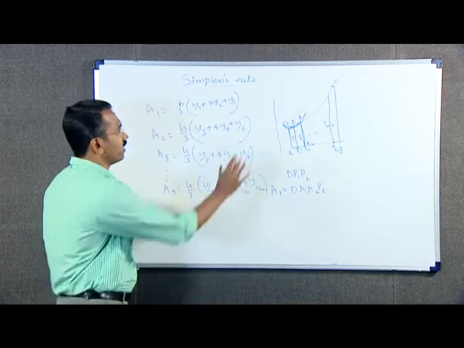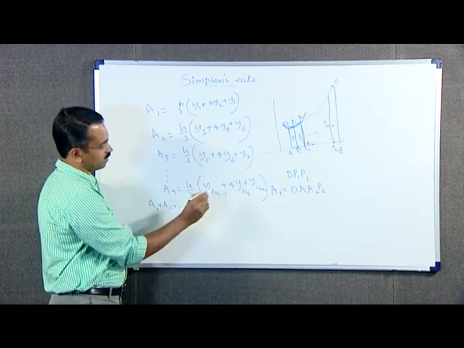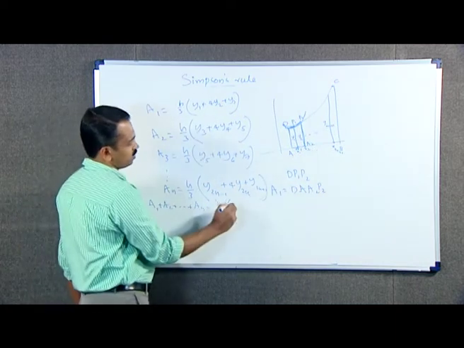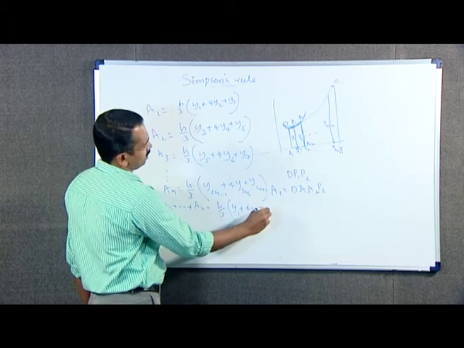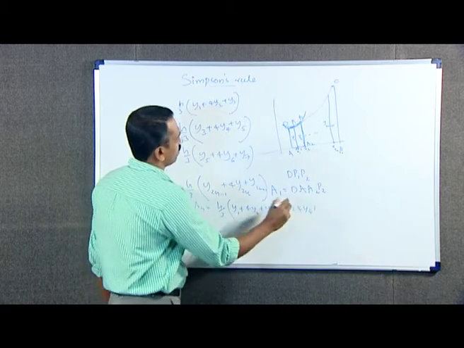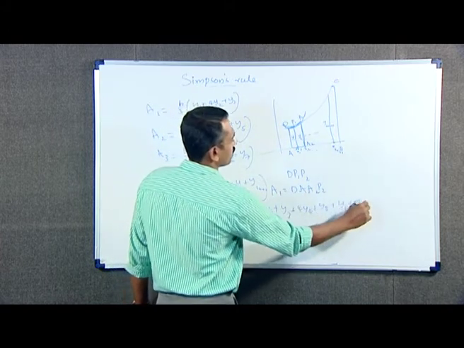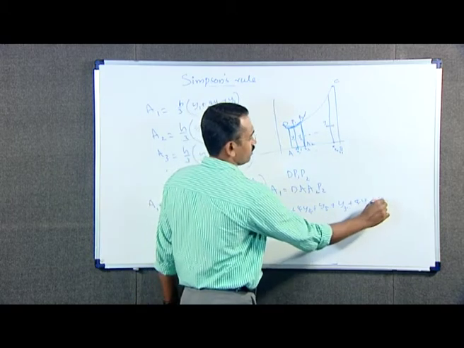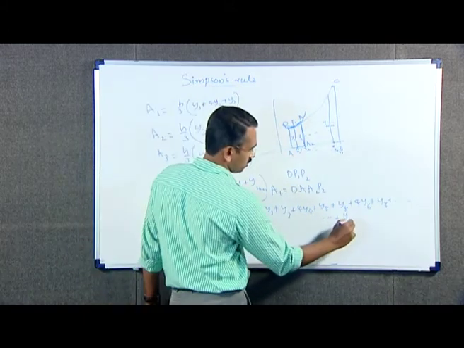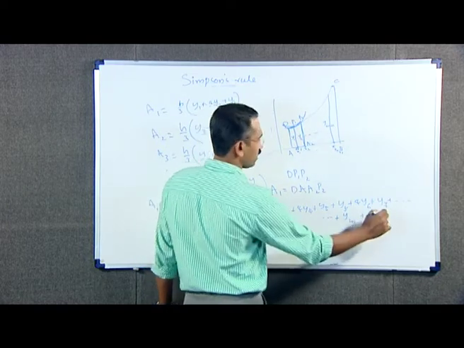Hence, the total area under the curve is A1 plus A2 plus etc. plus An is equal to h by 3, which is common, into y1 plus 4 y2 plus y3 plus y3 plus 4 y4 plus y5 plus y5 plus 4 y6 plus y7 plus etc. plus the last, y2n minus 1 plus 4 times y2n plus y2n plus 1.